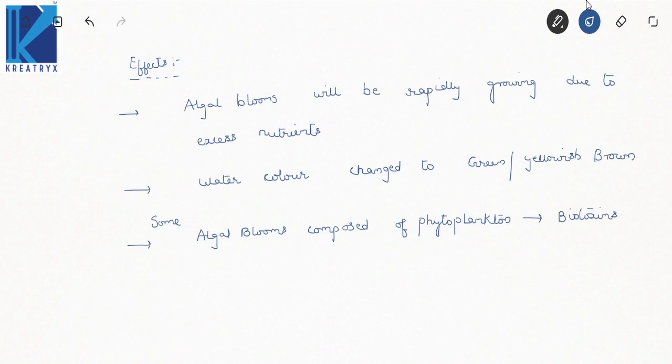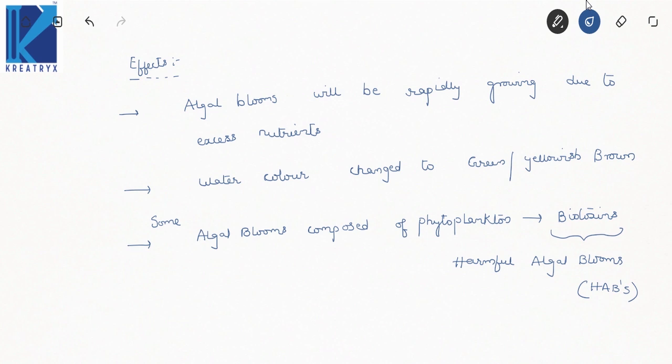Such types of algal blooms are called harmful algal blooms, in short HABs. Right. Now when HABs increase in the water, then automatically pollution occurs.